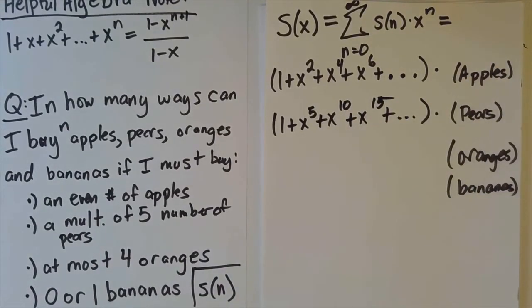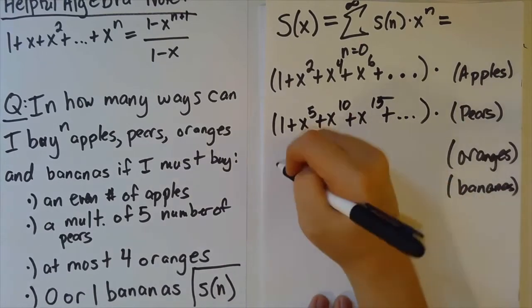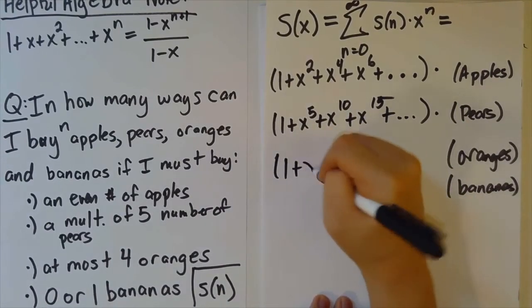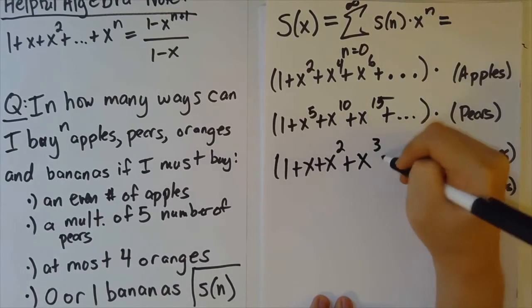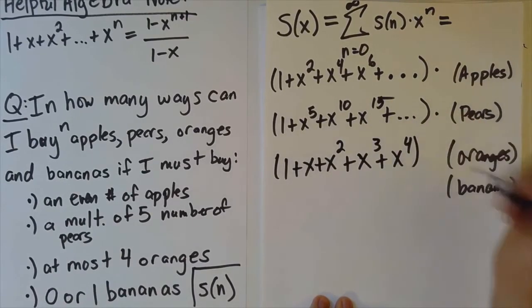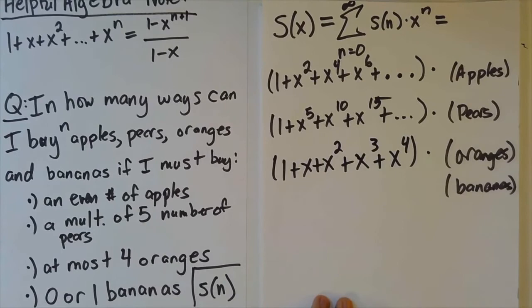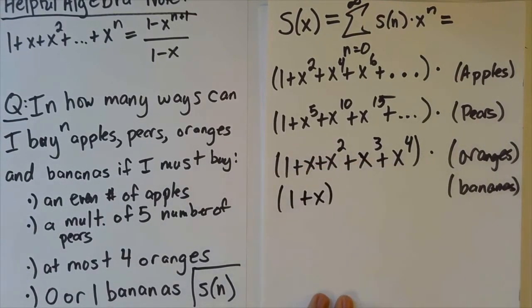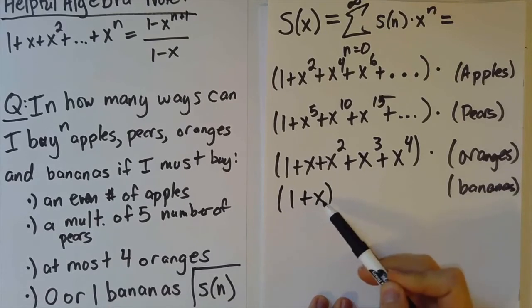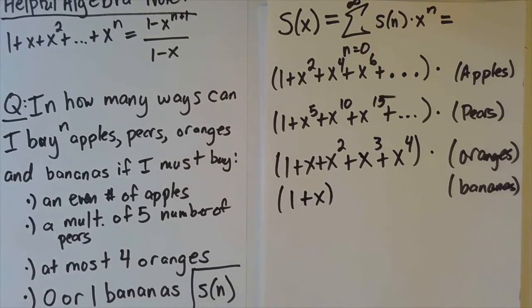At most 4 oranges. So 0, 1, 2, 3, 4. And 0 or 1 bananas. So that would look like 1 plus x. The 1 is no bananas, the x is 1 banana.